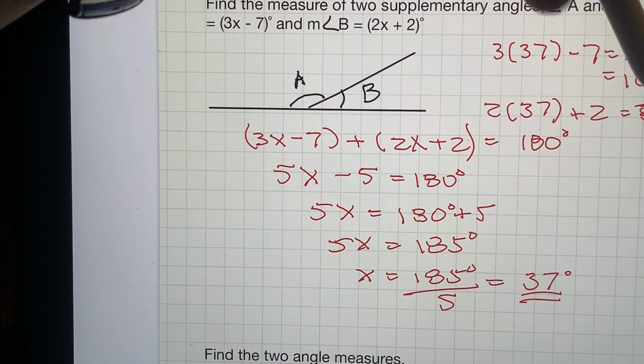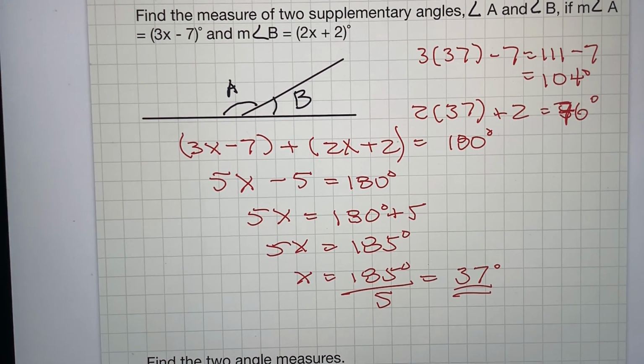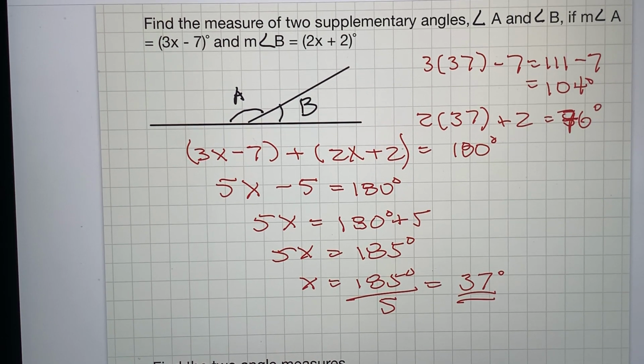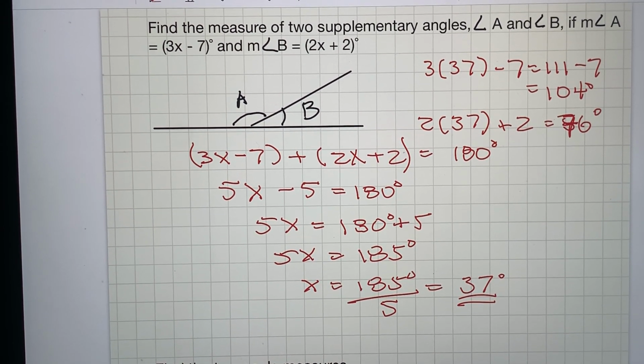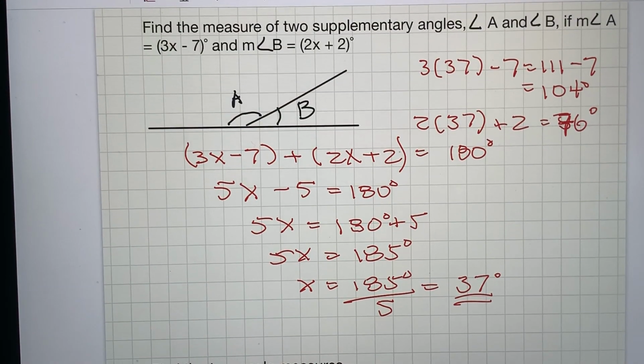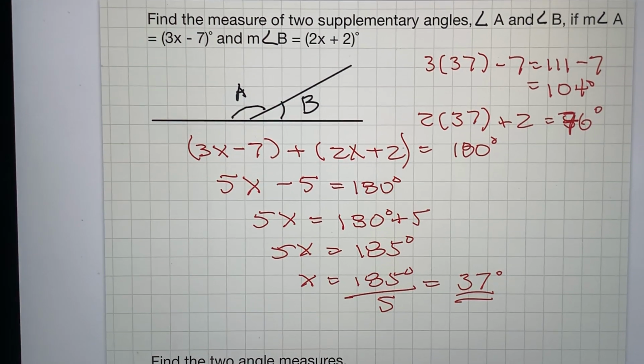So correction, 76 plus 104 makes it 180. So my mistake here is it needed to be 74, not something else. So 74 plus 2 is 76. 76 plus 104 is 180. So they're supplementary angles. Okay.